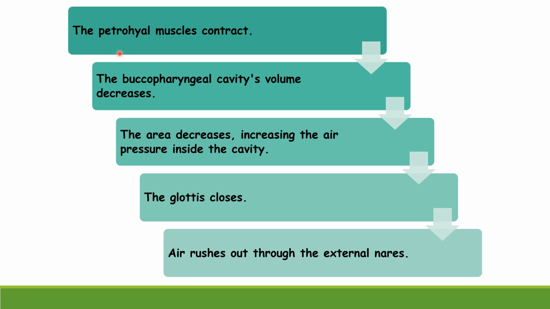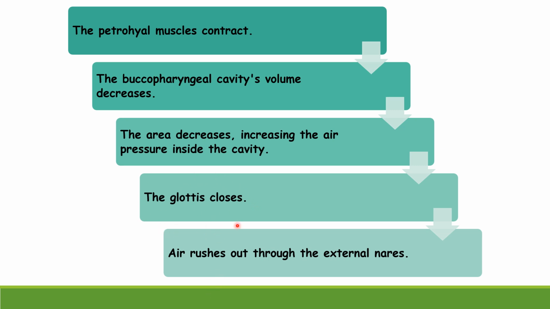Now again the pterohyal muscles contract. Because of this, the buccal cavity's volume decreases. The air, that is the CO2, is present inside the buccal cavity, but because of the contraction of the pterohyal muscles, the buccal cavity volume decreases, the area is decreased, and air pressure increases. Now the glottis closes.